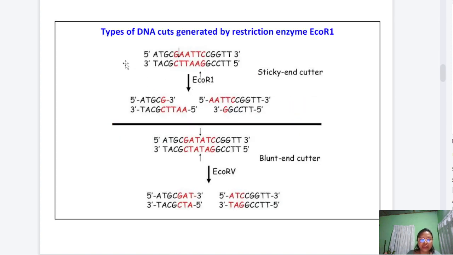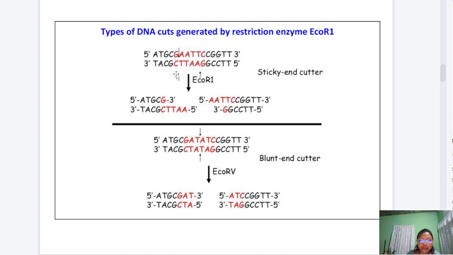This is a very good example when we want to see the types of DNA cut generated by restriction enzymes: EcoRI, and the other one is EcoRV. EcoRI is producing sticky end cuts, whereas EcoRV is going to produce blunt end cuts.